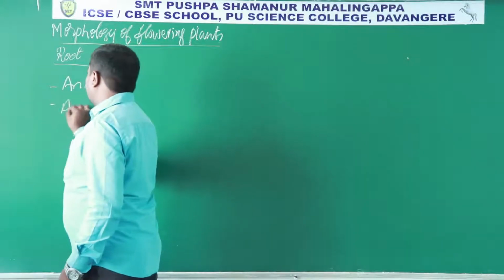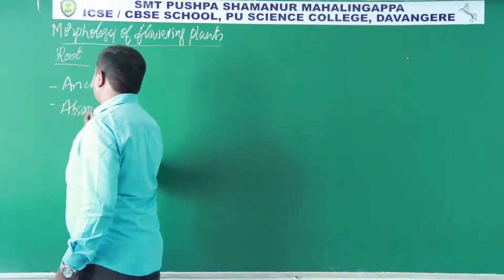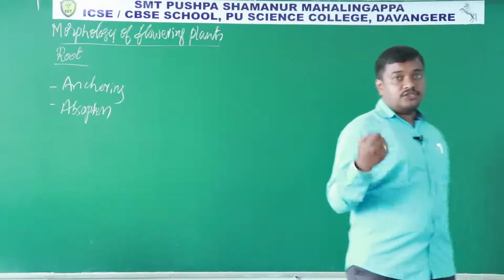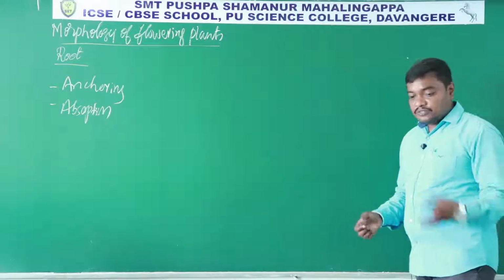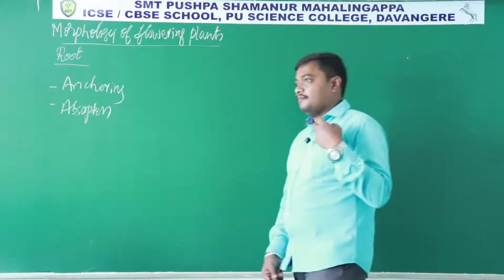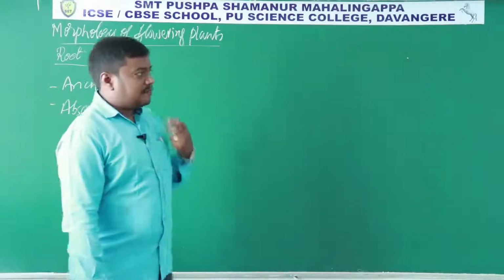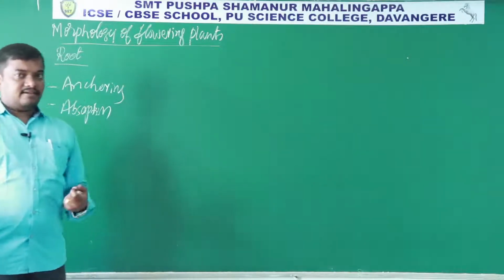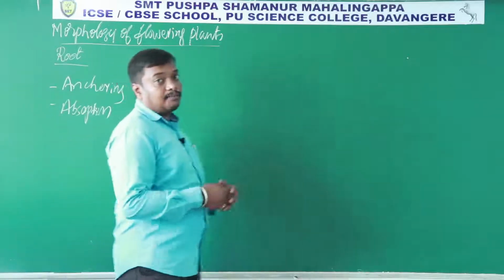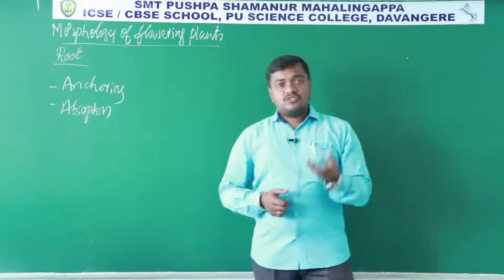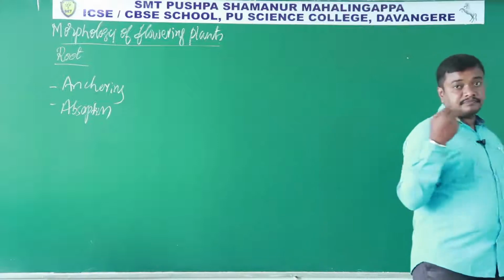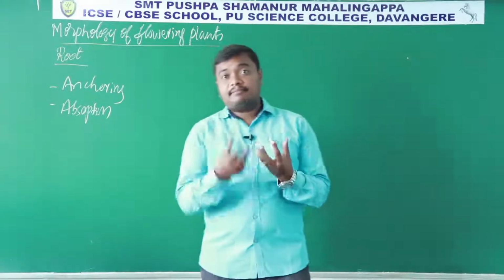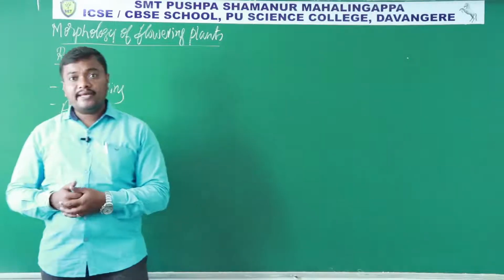Then we discussed absorption. Absorption is the second most important function of the root, where it helps in absorption of water as well as nutrients from the soil. The specific part of the root which helps in that absorption is the root hair. Yesterday we discussed the parts of the root also. The tip of a root has the meristematic zone, which is protected by a thimble-like structure called a root cap.